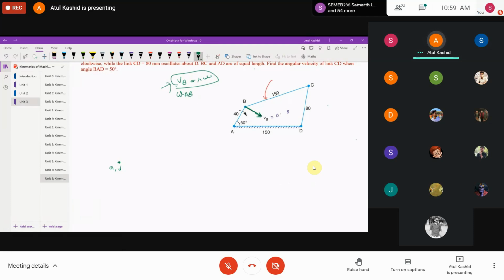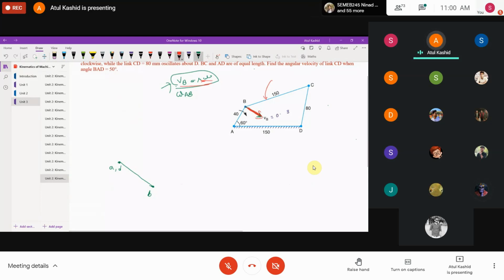So first we'll draw the velocity in this direction, because this is my point B over here, right? So this is vector AB, because I know this vector in direction as well as magnitude. Direction was perpendicular to the link, and magnitude we have calculated, right? And we are drawing this as per the scale. We have taken a certain scale for this. Is it clear up to this? Yes, sir. Okay.